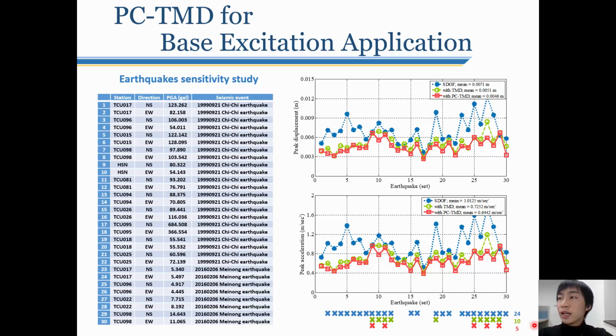If we use the traditional tuned mass damper, there are still 10 earthquakes that do not meet the requirement. If we use the phase control tuned mass damper, there are only 5 earthquakes that do not meet the requirement. So the phase control tuned mass damper can reduce the financial risk of the high-tech factory when subject to earthquakes.